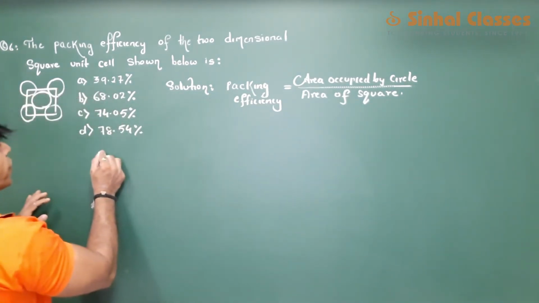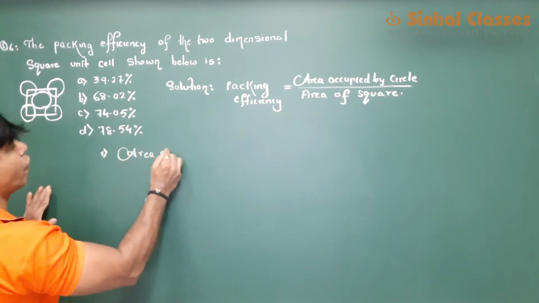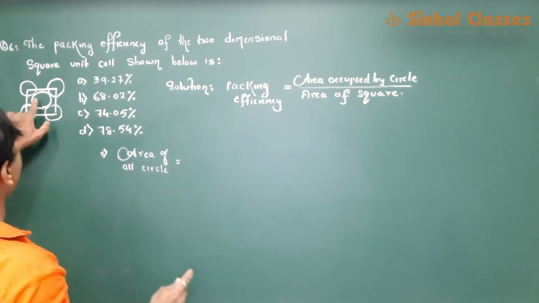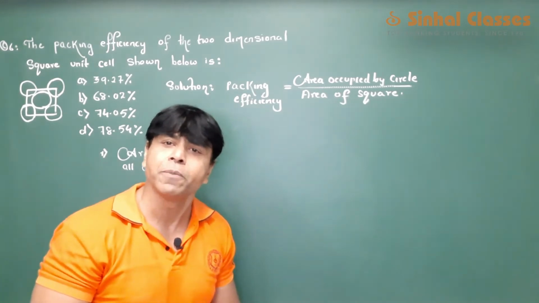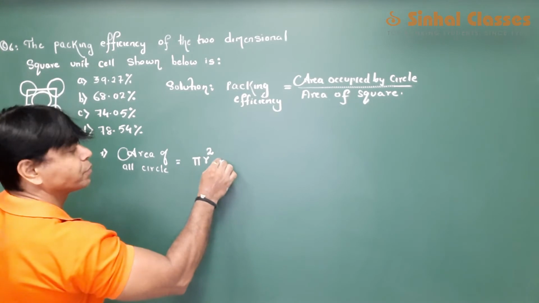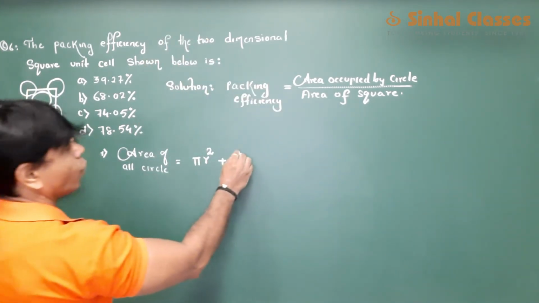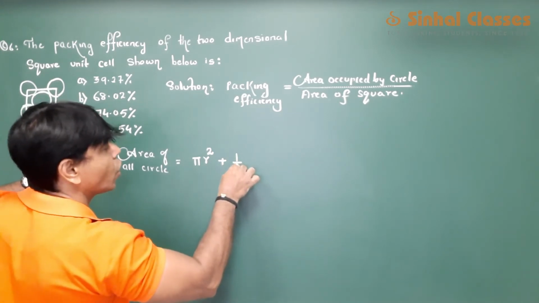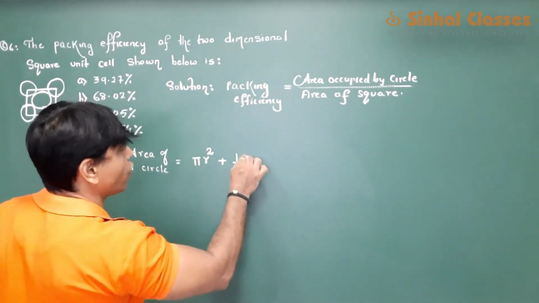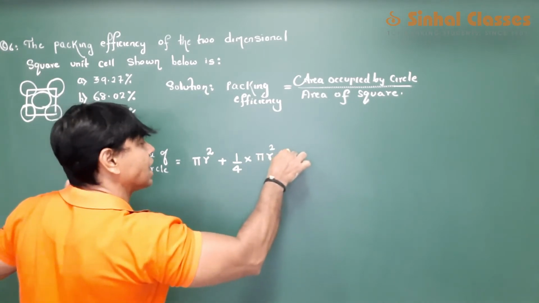The first thing is, you take out the area of all circle. In this case, there is one circle which is totally inside. So the area for that circle will be pi r square, plus there are 4 circles where the contribution is only 1/4. So 1/4 into pi r square. Like that, there are 4 of them.